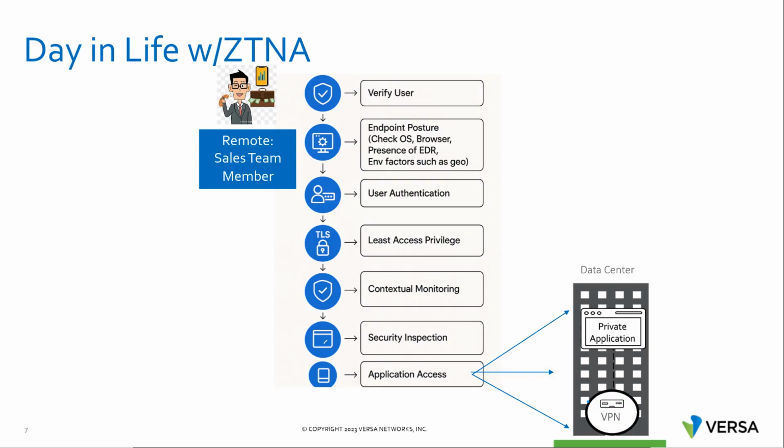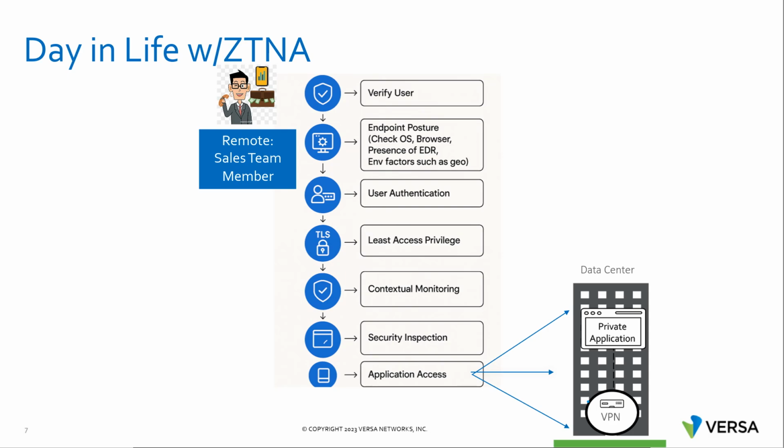What ZTNA does is it flips the script the other way around. So your remote sales team member wants to access a private application. What happens is they first verify the user, then you check the endpoint posture. Is the person coming from the right operating system which has been validated in the policy?